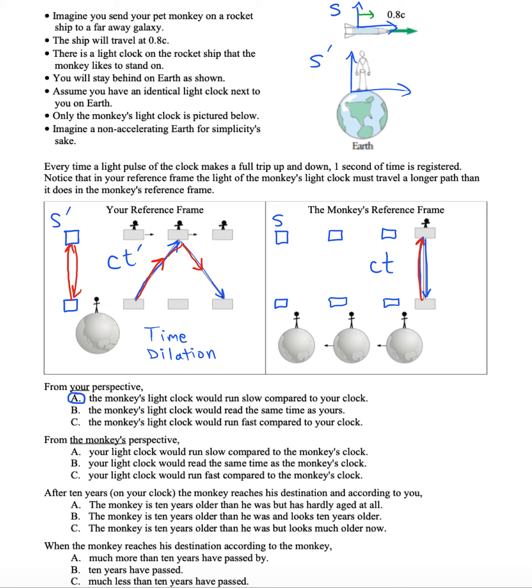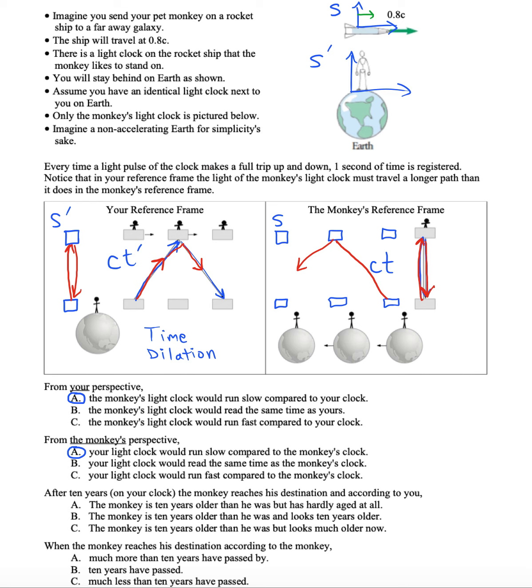So our clock is going to move away from him too. And that means that light will take the diagonal path for our clock now. But the light won't get all the way to the other side in the same time that it does for him. So he's going to believe that our clock runs slow. And there's symmetry to that situation.